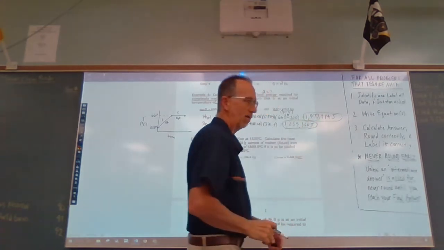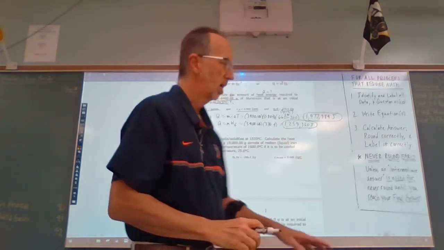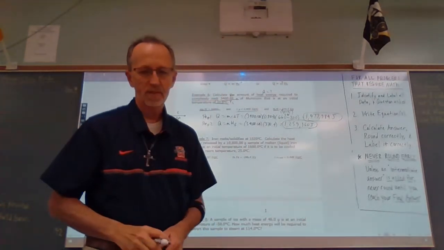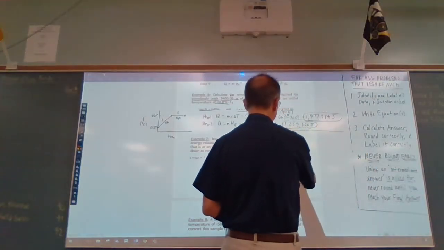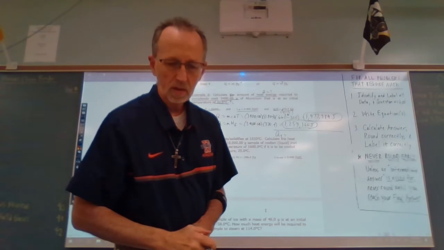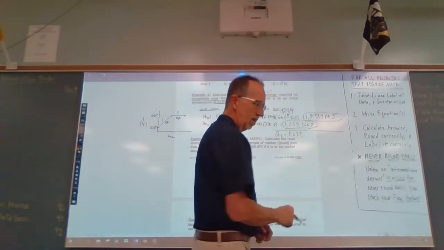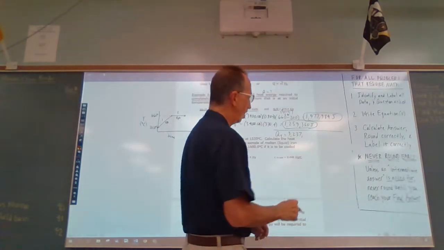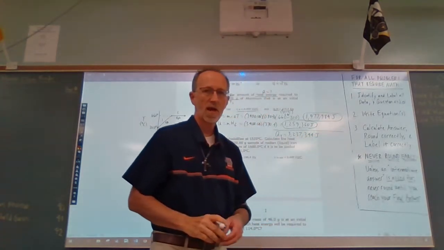So we now know the amount of heat required for each of our 2 steps, which covers our 2 stages on the graph. Now we just simply need a total. So we add them up, and when you add them up, we get 3,237,344 joules. Now the question is, how do we round that?